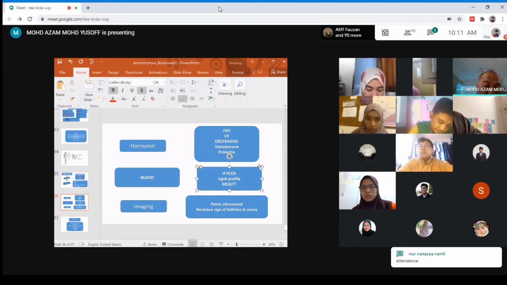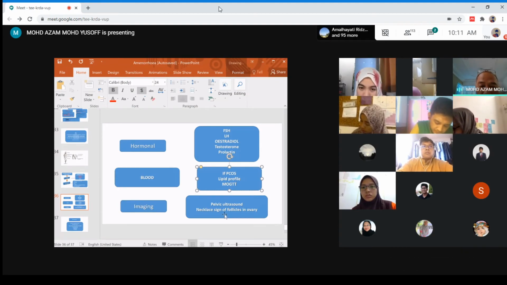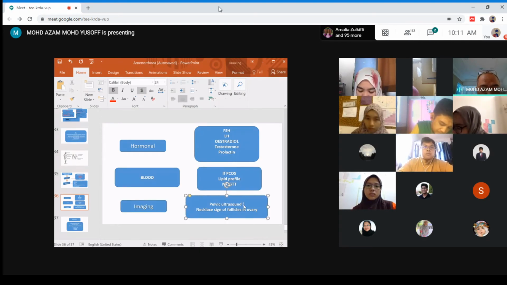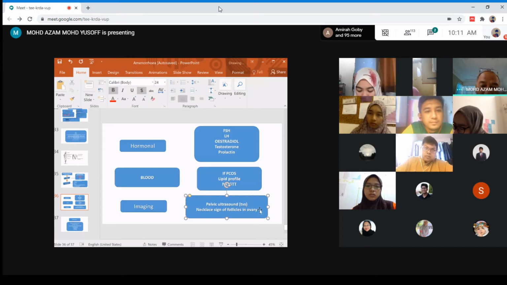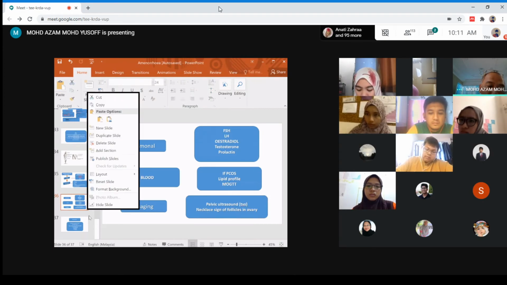Imaging: we can do a pelvic ultrasound. Sometimes the best is a transvaginal scan, if the patient is not a virgin. We look at the ovary, which shows the necklace sign.